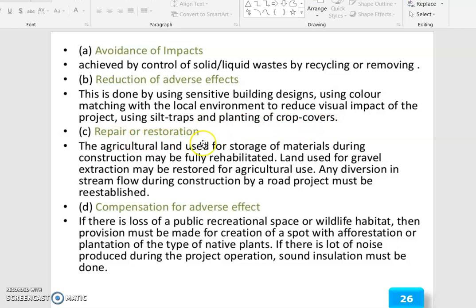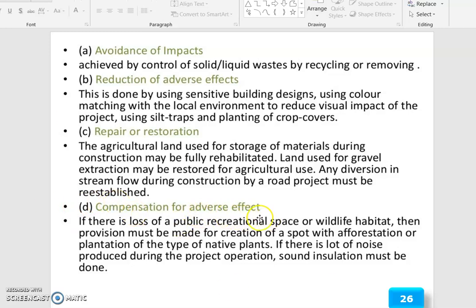Repair or restoration: the agricultural land used for storage of materials during construction may be fully rehabilitated. Land used for gravel extraction may be restored for agricultural use. Any diversion in stream flow during construction by a road project must be re-established.